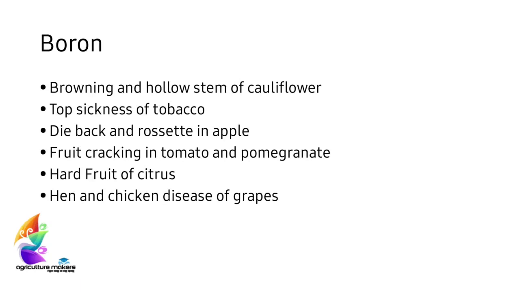In particular, browning and hollow stem of cauliflower, top sickness of tobacco, dieback and rosette symptoms in apple. Remember, dieback and rosette symptoms in apple, fruit cracking in tomato and pomegranate, hard fruits of citrus, and hen and chicken disease of grapes are due to boron deficiency.